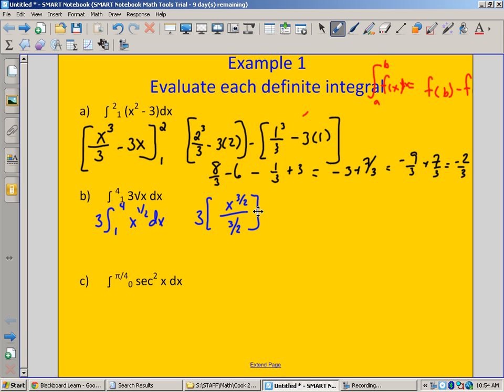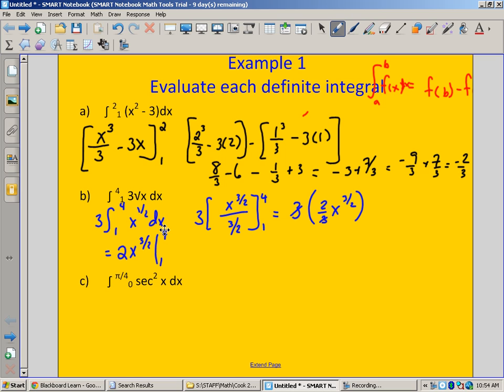I've simplified this a little bit, so I have 3 times 2/3 of x to the 3/2, which cancels out the 3's, and all of this simplification gets me 2 times x to the 3/2 from 1 to 4.